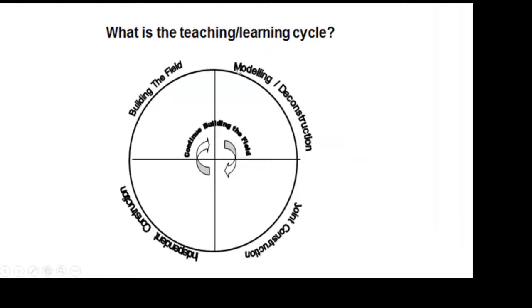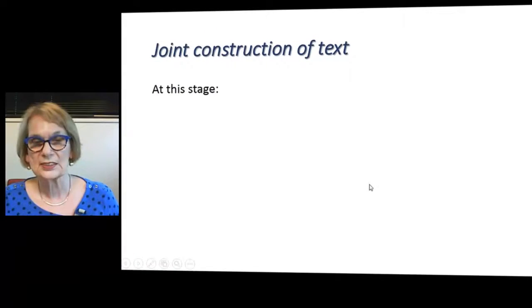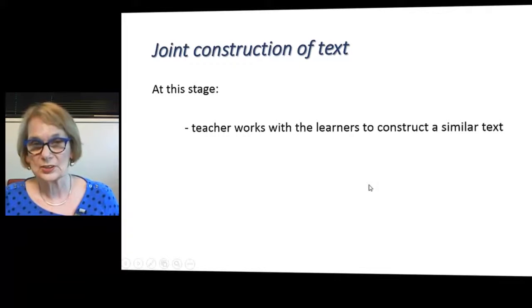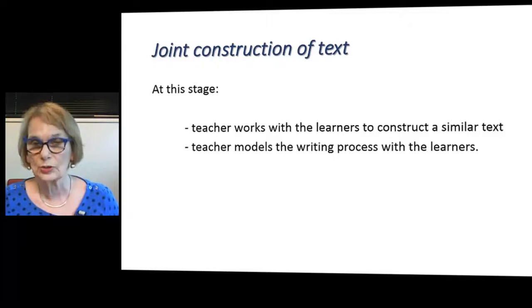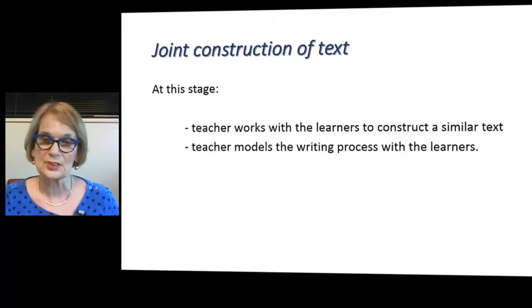So we've dealt with this phase, we've modelled the text and we've deconstructed the text type. The next phase is the joint construction. Now, at this stage, the teacher is going to work with the learners as a group to construct a similar text. You're going to model the writing process with the learners.